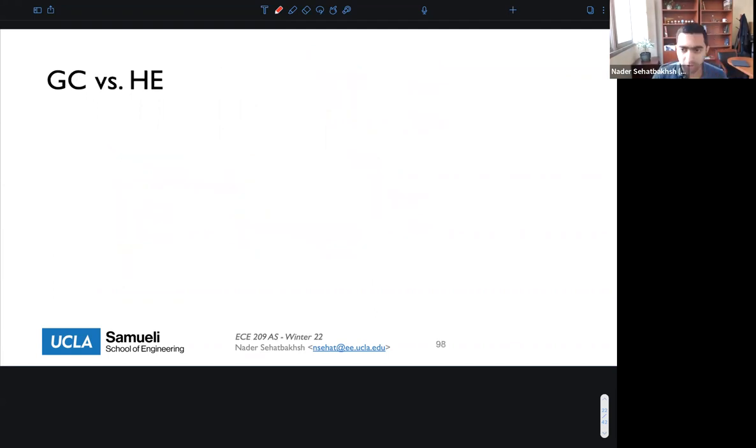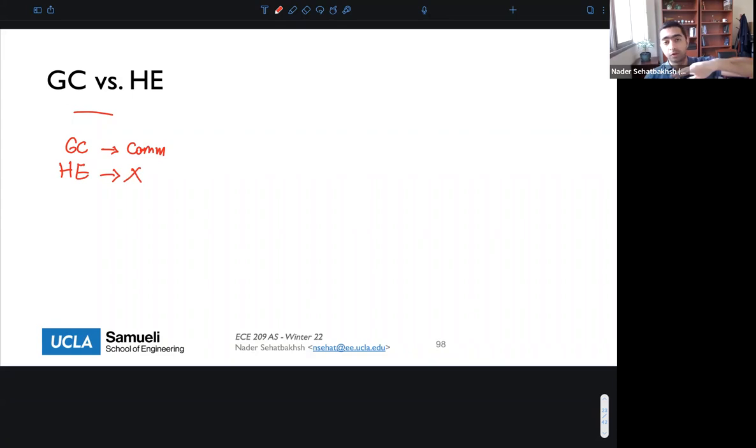Of course, one question that you might have is, if you want to compare GC with homomorphic encryption, what are the differences? The big difference is that GC requires some communication, whereas homomorphic encryption does not need communication.